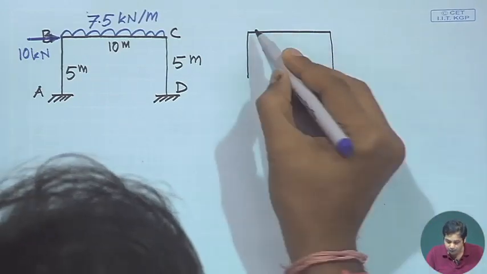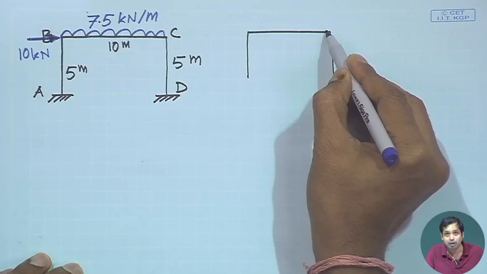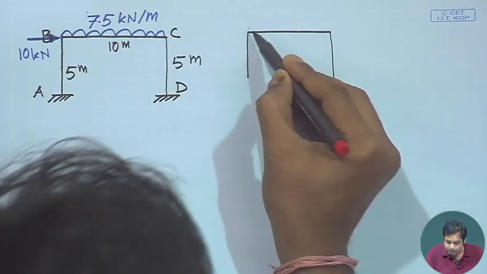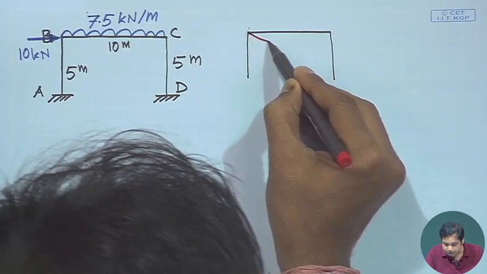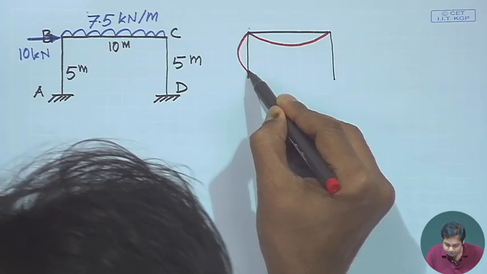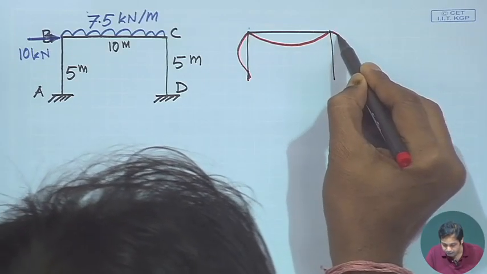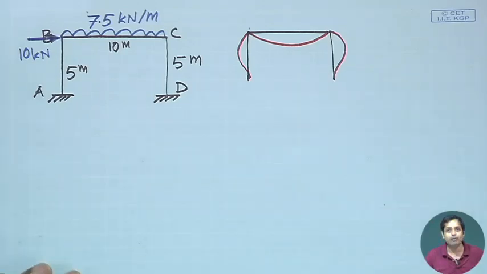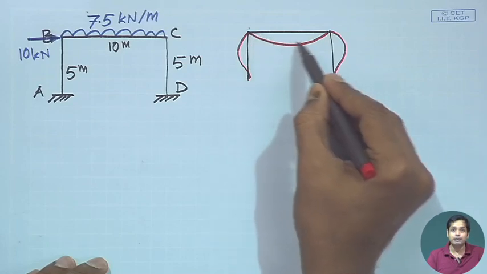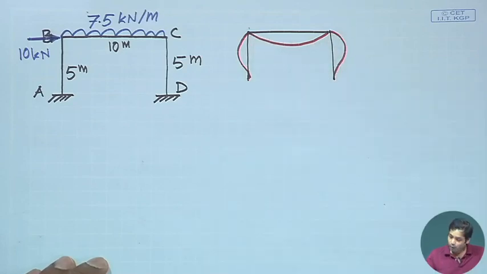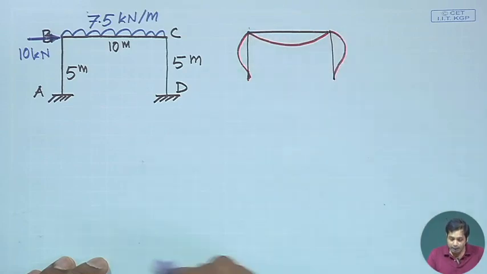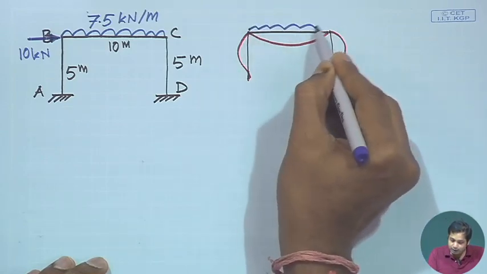If it is only subjected to vertical load on BC, with no horizontal load, then the frame may deform like this. This is the deformation of this member, and similarly this will be the deformation of this member. This is the probable deformed behavior of the structure when it is subjected to only vertical load on BC.